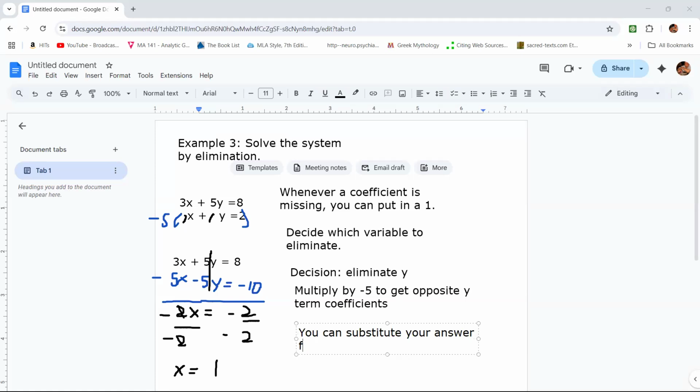for the variable into any equation, but I suggest the original, the beginning one, because you didn't work with this equation.